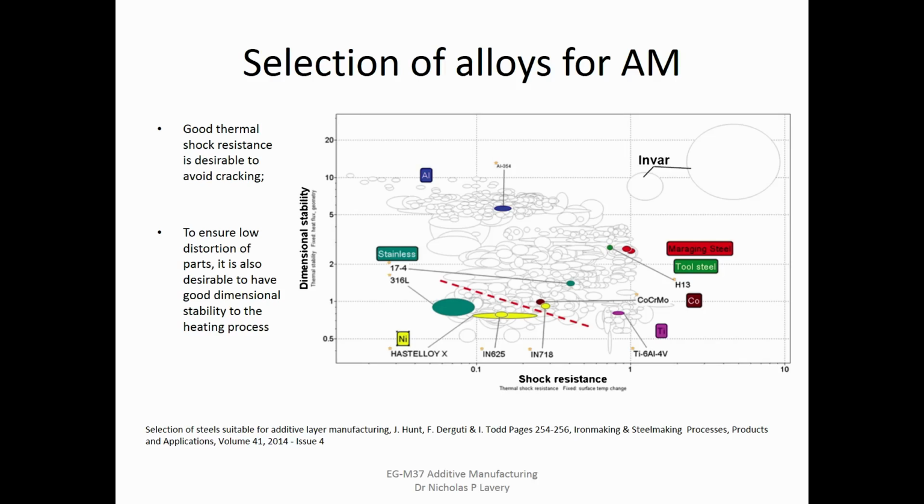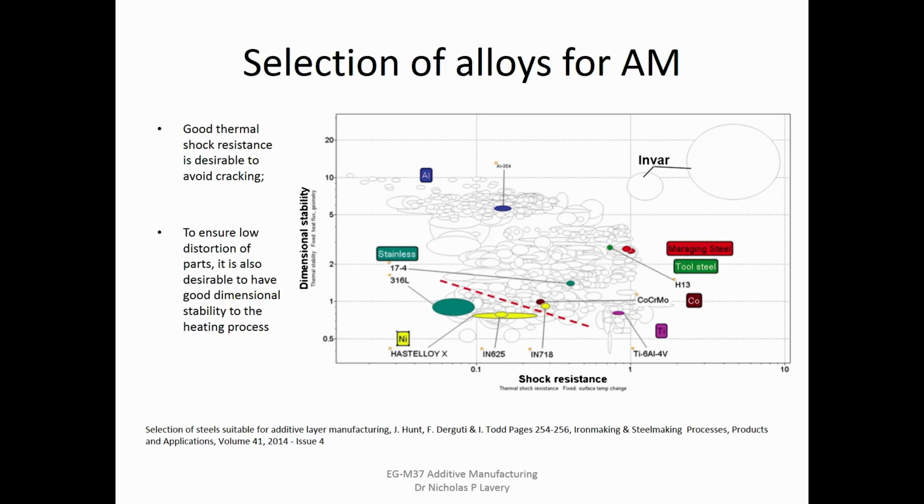And they thought that it would be interesting to look at coming up with an index of processability of the alloys to see if they could group them into what they knew were alloys which were easy to process and more difficult ones. And they came up with an index which was related to shock resistance to avoid cracking during the builds, but then also one which had a good dimensional stability in terms of thermal expansion and various other properties that they lumped in together. It was interesting, but I can't work out how it works.